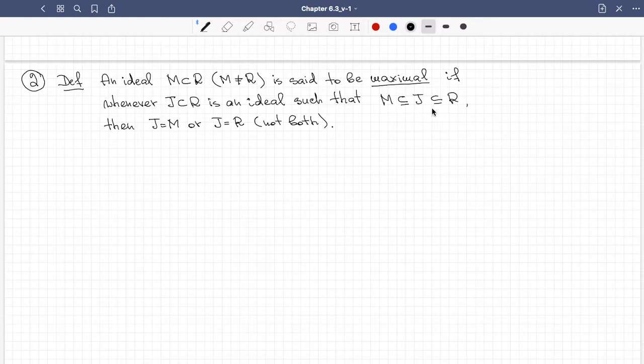So there is no ideal in between which contains M but is contained in R. So the meaning is no ideal J such that both inclusions are strict.